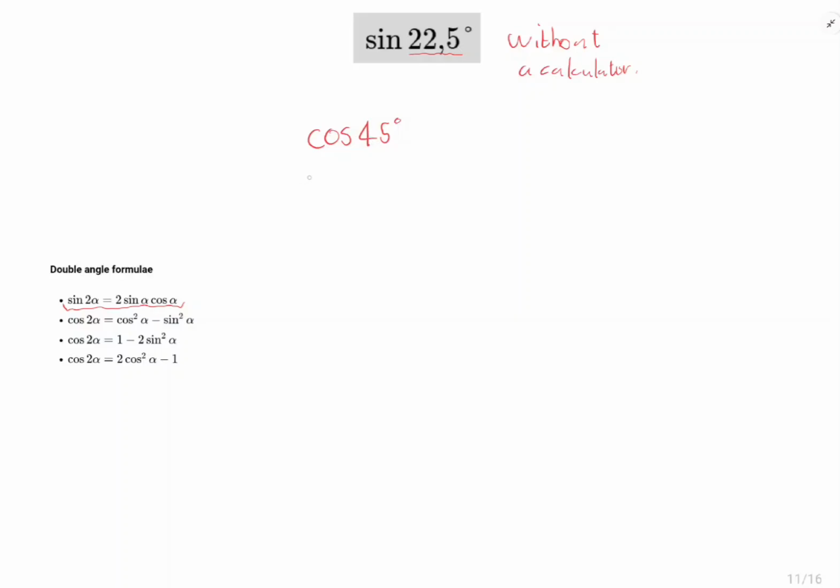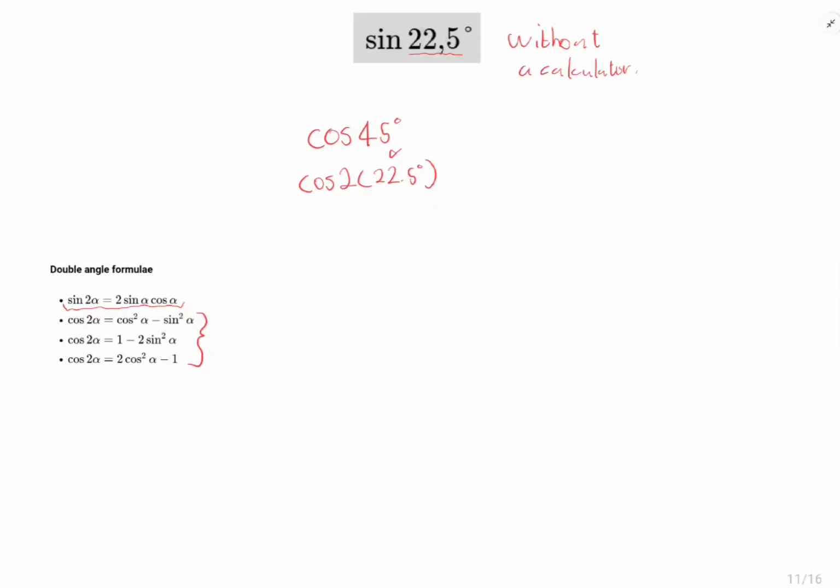So we know that cos 45 degrees is the same as cos of 2 times 22.5 degrees. Okay, so this is a double angle. Cool. So which of these three formulas do we want to use? We are solving for sine 22.5, right?